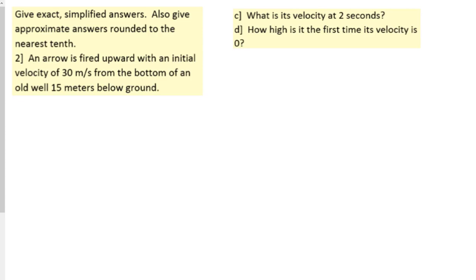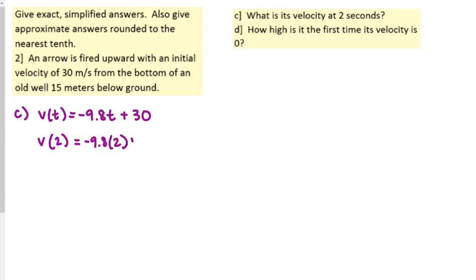What is its velocity at 2 seconds? So let's use that velocity equation. V of t equals negative 9.8 t plus 30, and substitute a 2 in there. And what are we expecting? Are we expecting that it's on its way up at time 2 or on its way down?